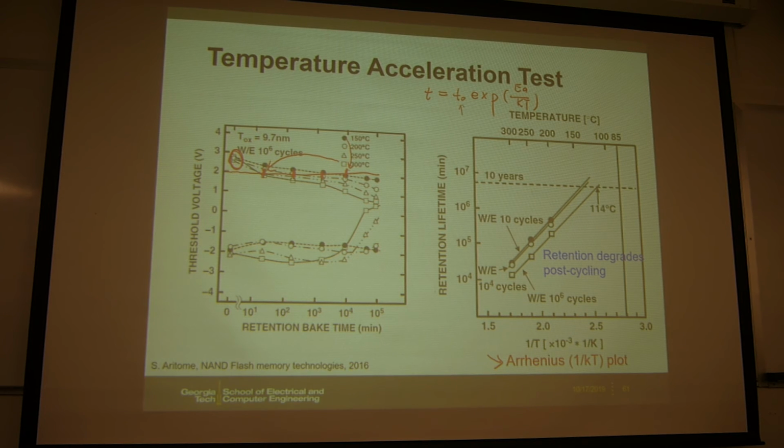This is some coefficient, and this is your retention time, and then this is the temperature in terms of KT, and then EA is called the activation energy. So this is the equation you need to use.